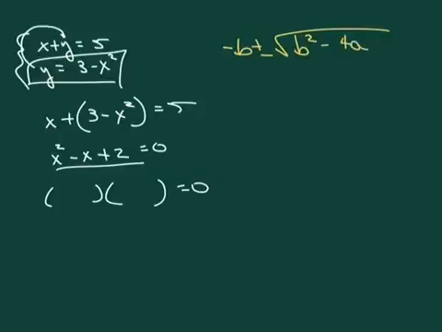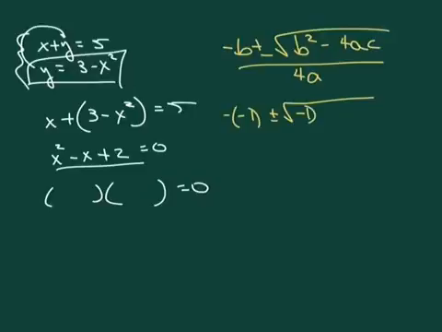I like to write it up here just so I have it to refer back to. And we do the work, and let's just do it here in yellow. And we get -1 plus or minus the square root of -1 squared minus 4 times 1 times 2, all over 2 times 1.